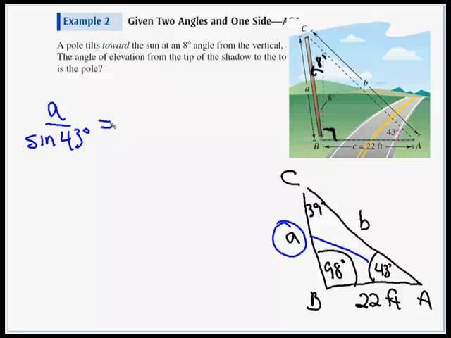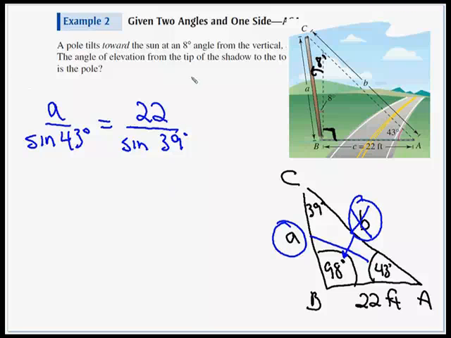And we want to set that equal to, the next fraction should have both the numerator and denominator known values, not variables. Well, let's see. We don't know B, and we know the angle across from it, so we're not going to use that. We're going to have to use the last angle, C and angle C. C is 22 feet. Angle C is 39 degrees, the sine of 39.